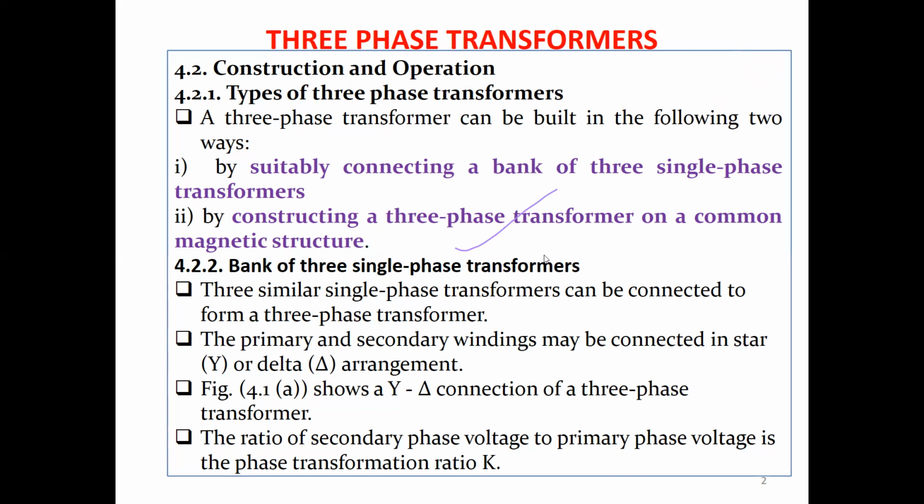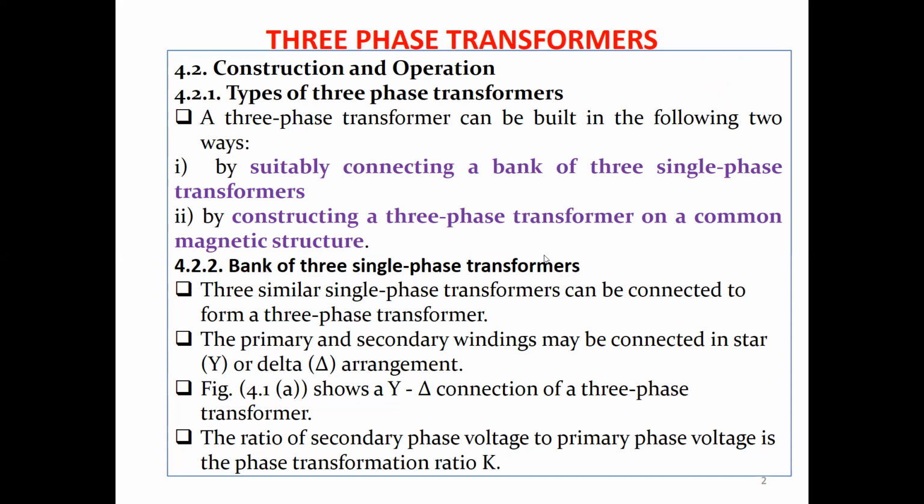Number two, by constructing a transformer on a common magnetic structure. We are going to do details to see how you can build a three-phase transformer using the two methods. So number one, using a bank of three single-phase transformers.